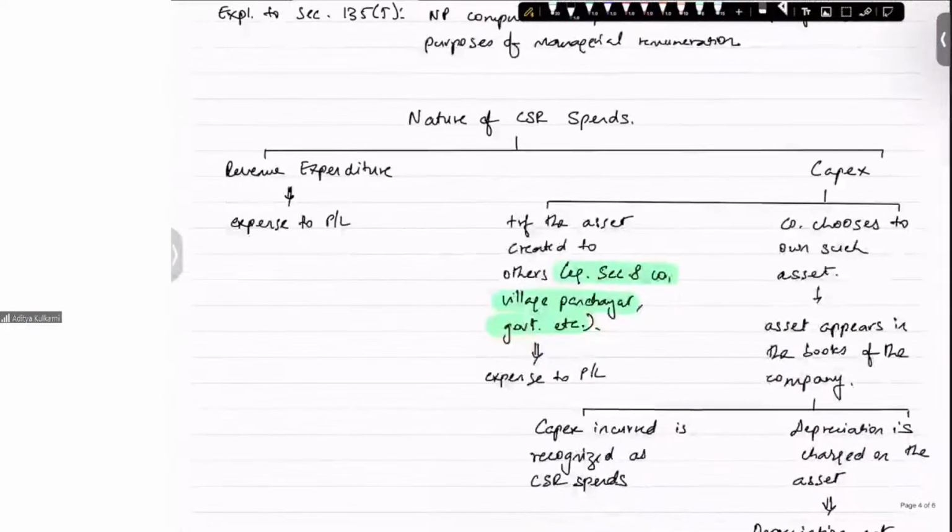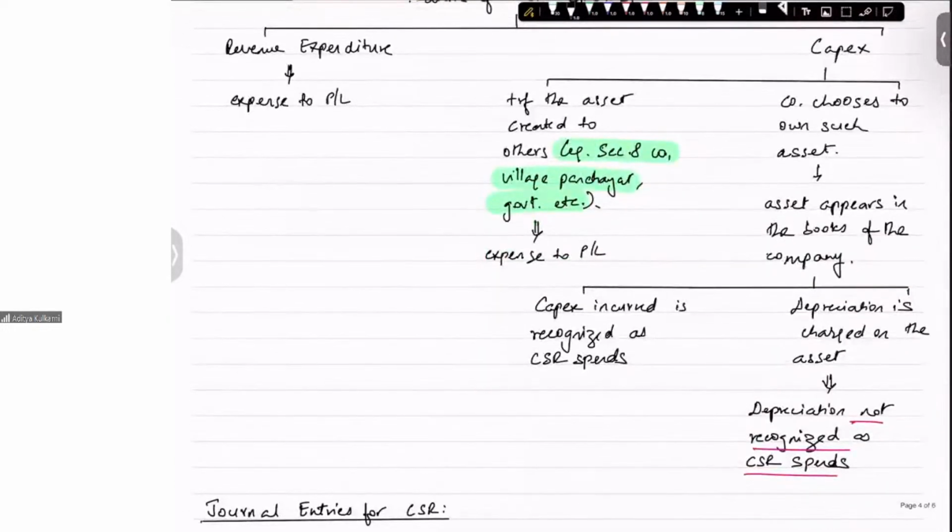Coming back to the capex, depreciation is allowed every year. This was the flaw which was noticed. Depreciation is charged on a capex asset, and that asset is acquired for tax purposes.